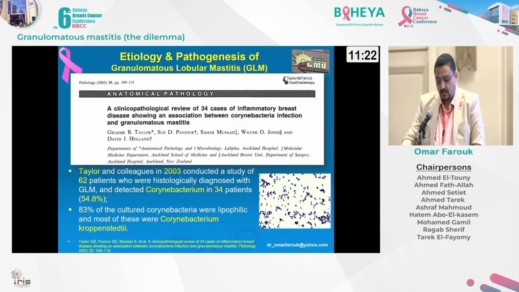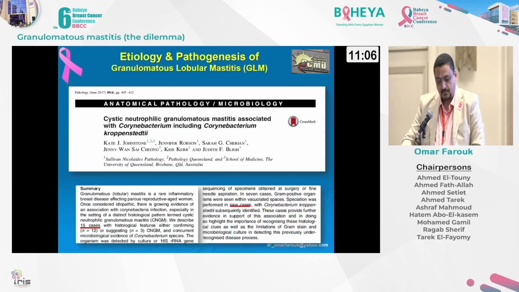Taylor and colleagues in 2003 from New Zealand were the first who detected Corynebacterium in the pathogenesis of this disease, and most of these were Corynebacterium kroppenstedtii. We have noted in the literature since 2017 a paradigm shift towards the infective theory.